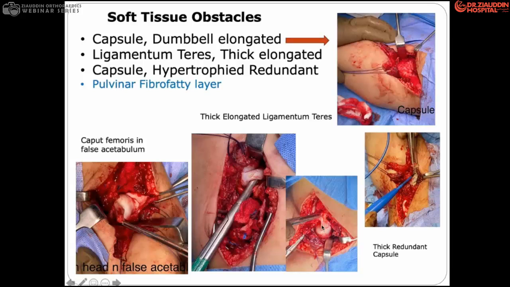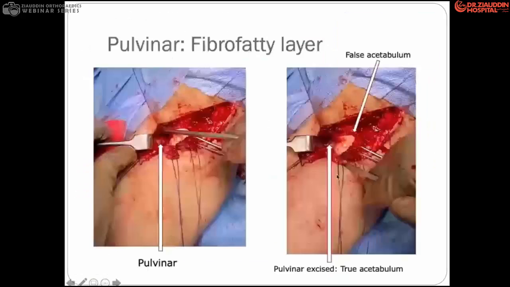Here is another view. This is a more than 1 centimeter thick, elongated capsule here, and this is the thickness of the capsule. I will show you, from here to here is the hypertrophic, thickened capsule. Then in the center you will find the pulvinar, which you probably saw in the second slide. After all the dissection and cutting of the ligamentum teres, this is the acetabulum here.